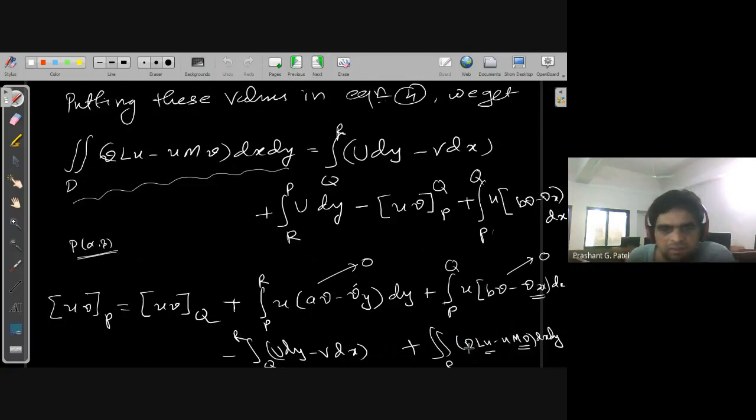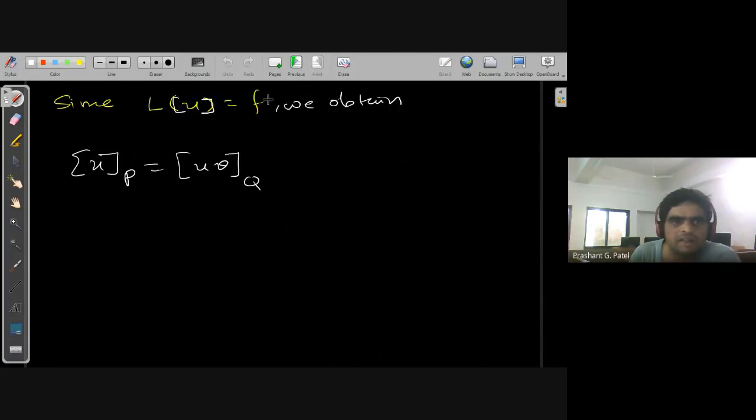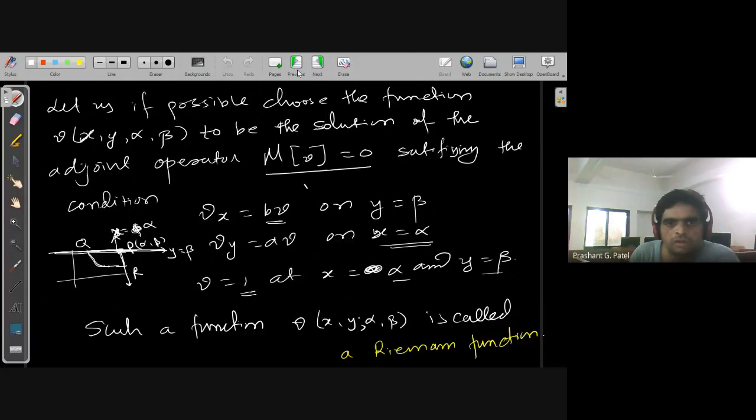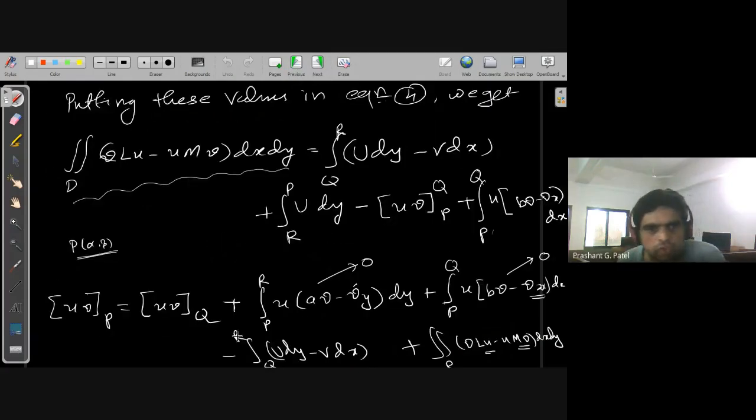The left is VLU, but the value of Lu we have considered as F. So that means it will have plus double integration over D Vf dx dy. That is the quantity we'll have, plus the integration that is left, that is q to r v dy minus v dx.